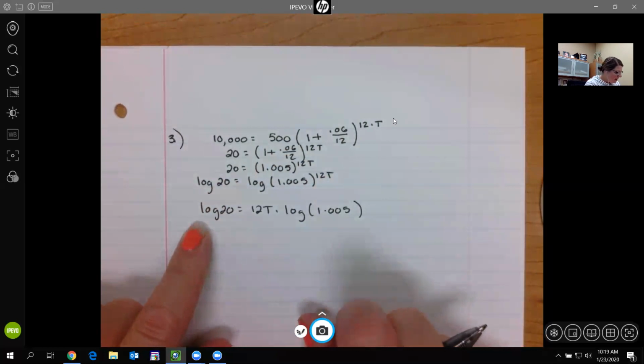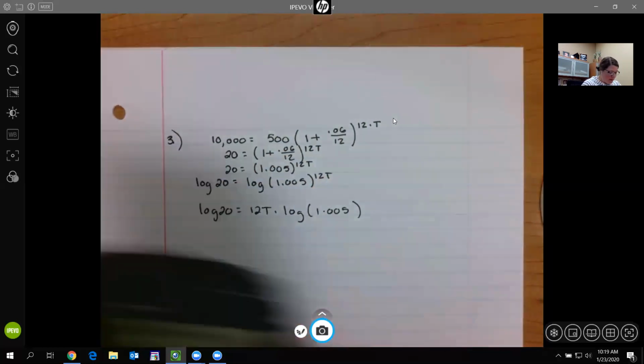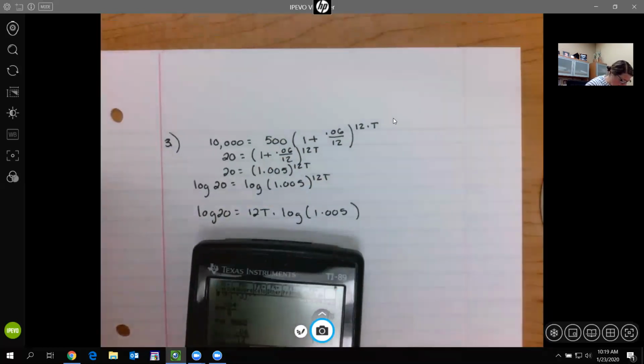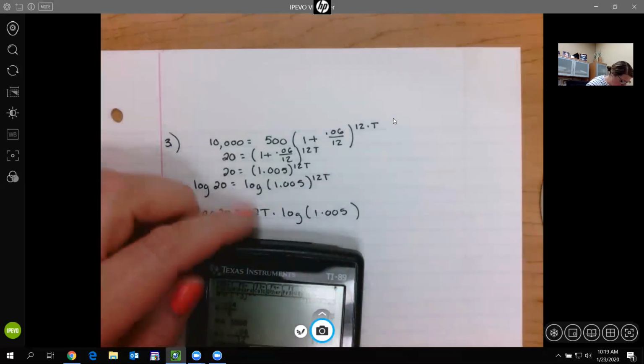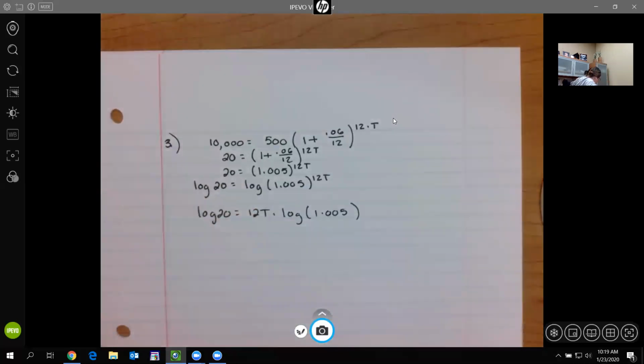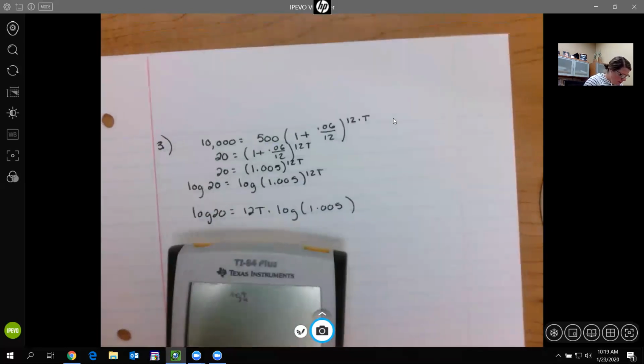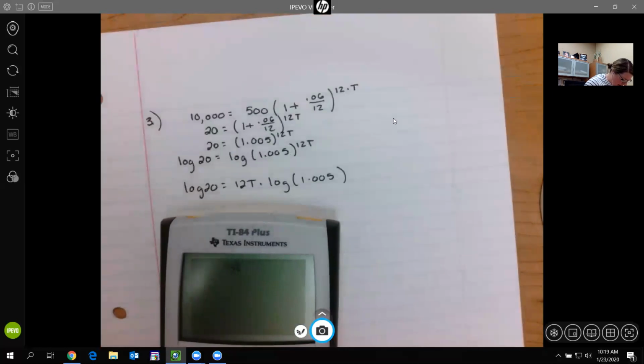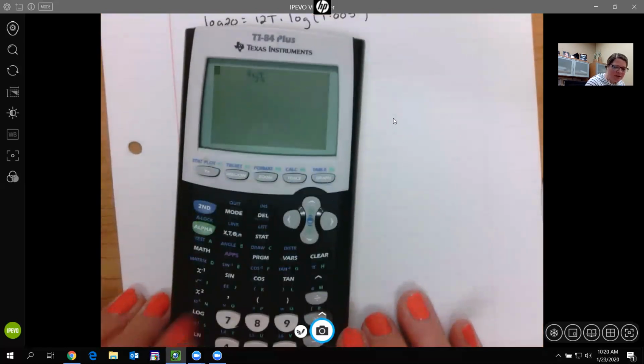So I'm going to need my calculator. Of course, I have the one that you can't find the log very easily on. Let me grab my other one real fast. So on this calculator, logs are over here, natural logs right below.